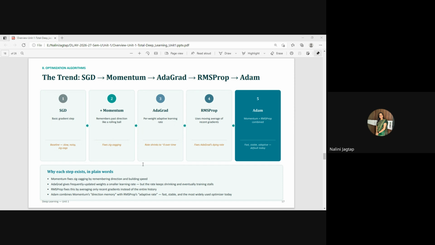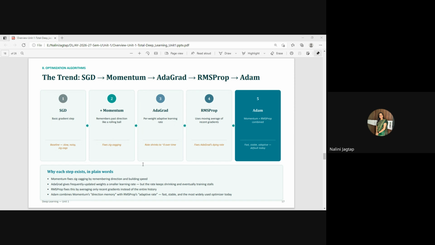Then finally we have Adam, which arrives as the natural synthesis of everything learned along this chain, combining momentum's remember-the-direction strategy with RMSProp's adapt-the-rate-per-weight strategy into a single optimizer that is simultaneously fast, stable, and adaptive.